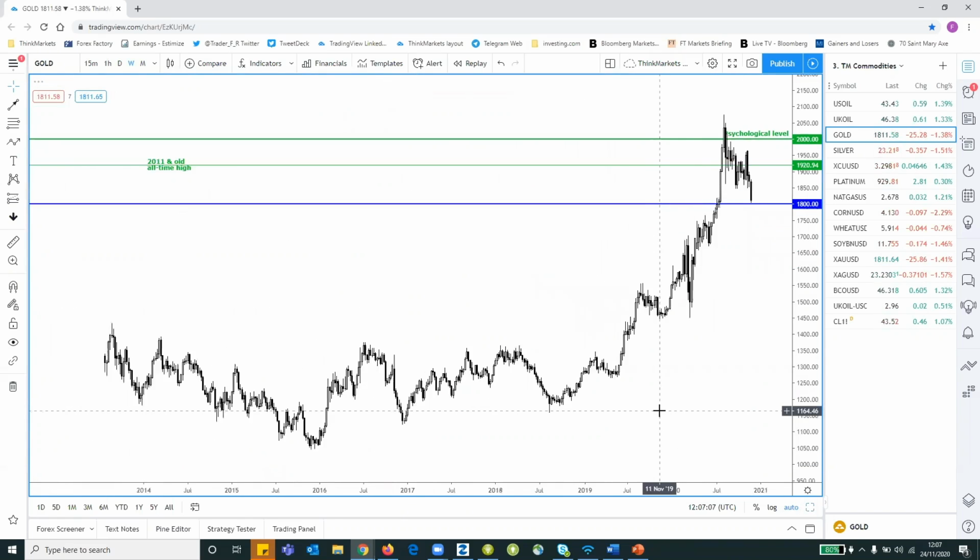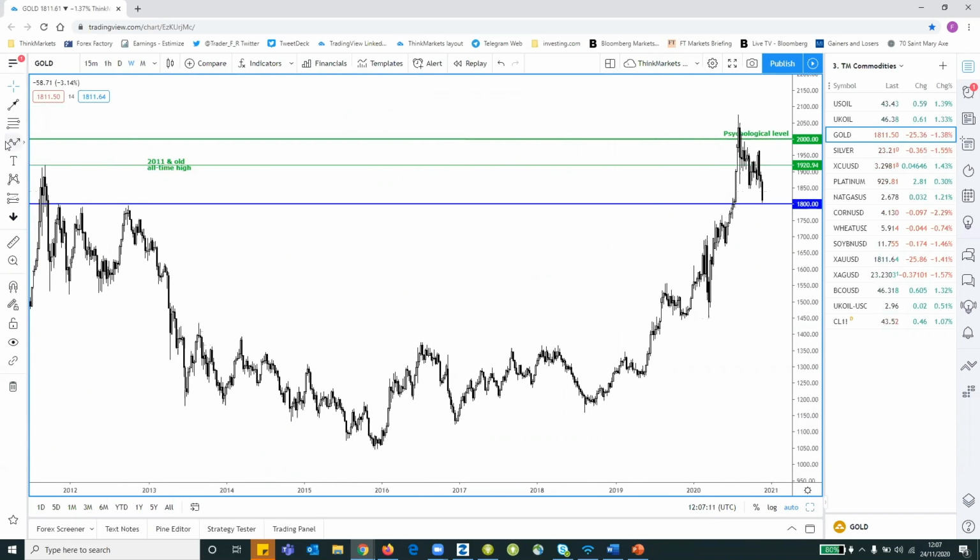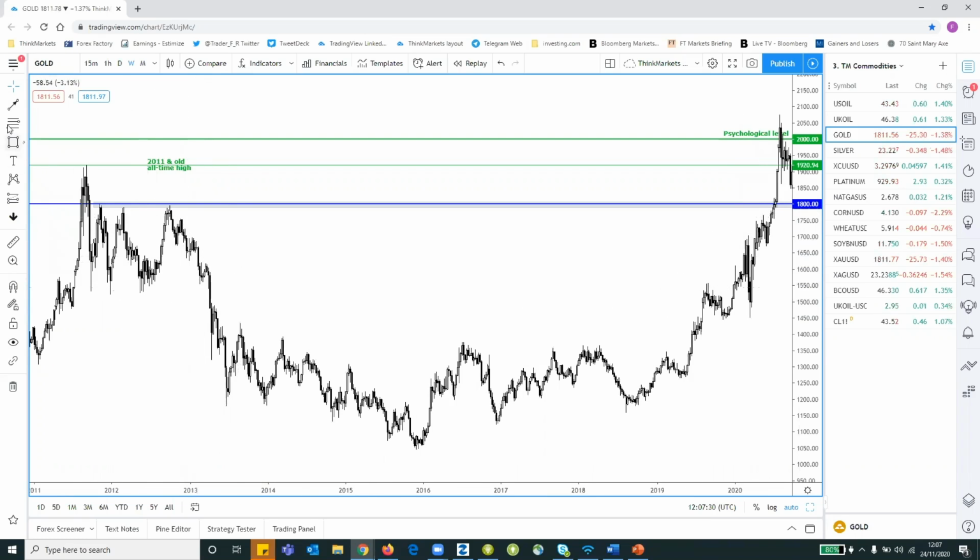I don't know if you recall the last bearish move in gold that happened in 2013 and into 2014. Basically it dropped from 750.